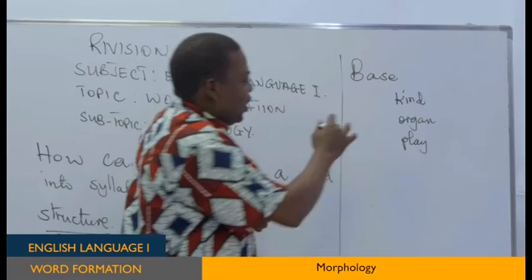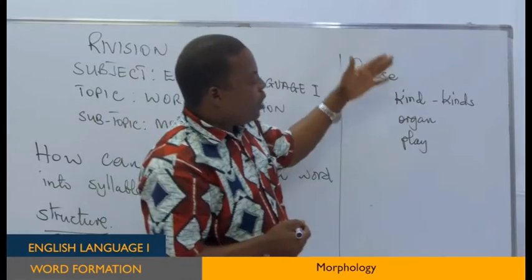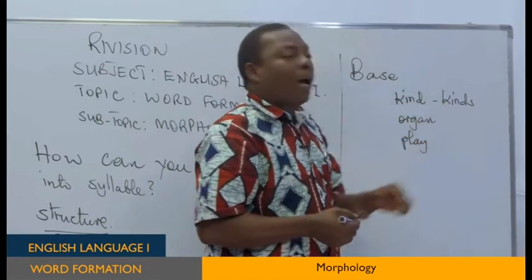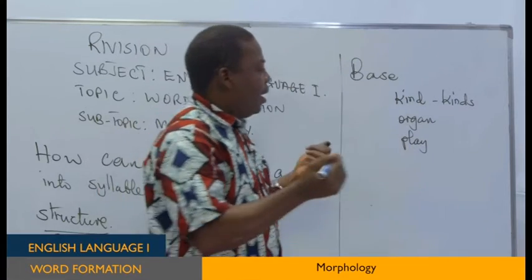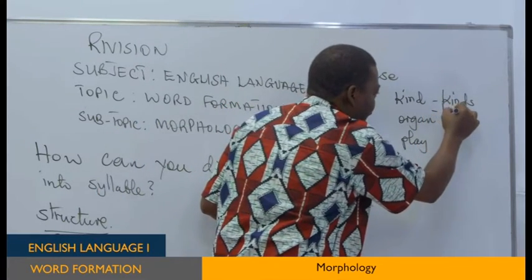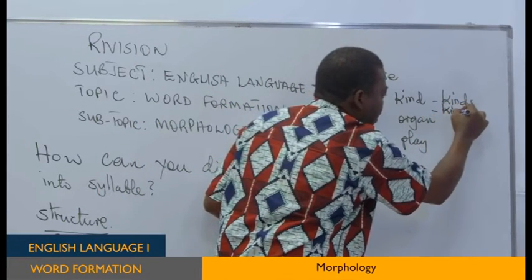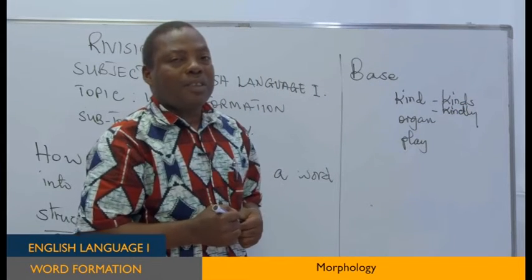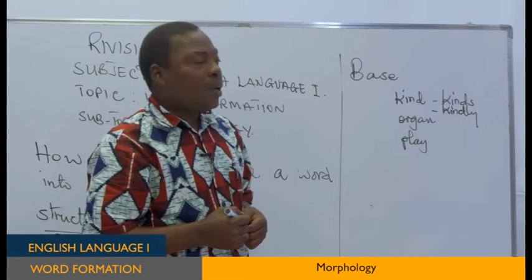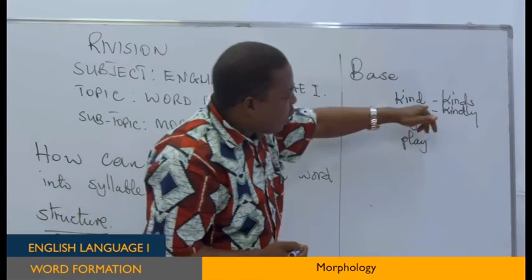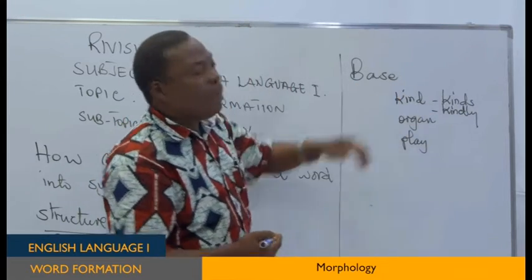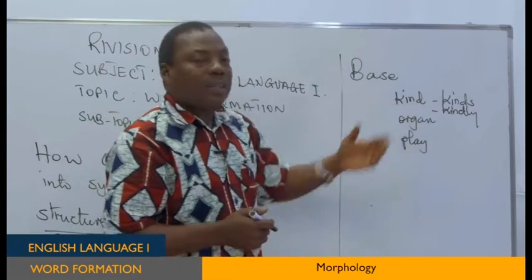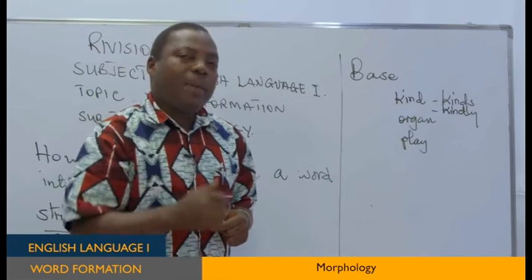This word has a possibility of accepting the inflection affix. It can as well accept the derivation affix. So in this case, this word kind qualifies to be a base. The word organ is also a base.